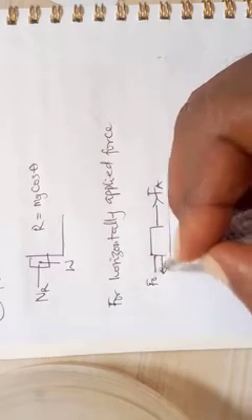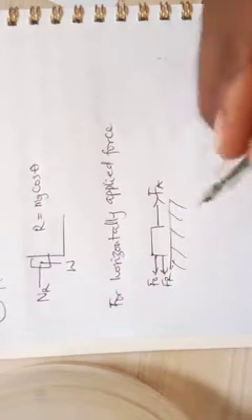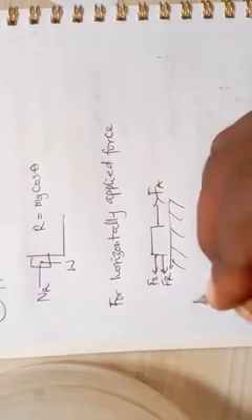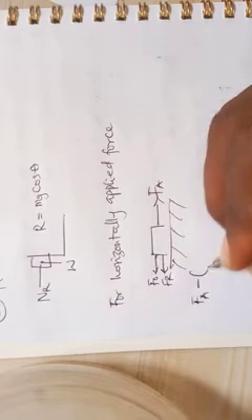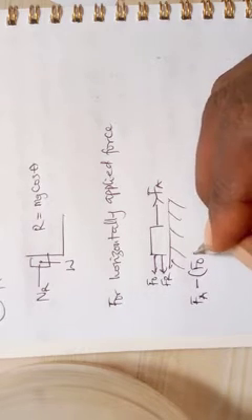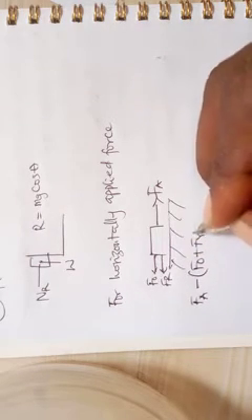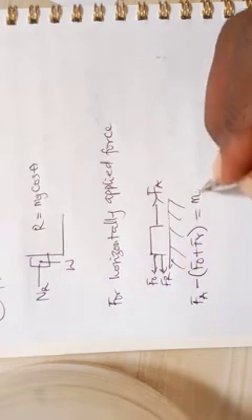Let's add another one and make this one the frictional force. So this is the surface. We said that Fa, which is the applied force, minus the opposing force. The opposing force is now the opposing force plus the frictional force. Remember, the two of them are now acting as opposing force. This is now equal to ma.